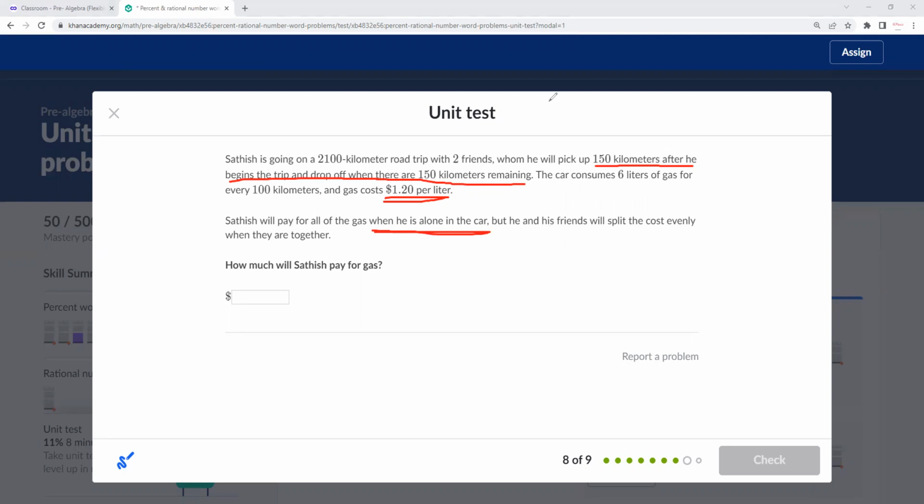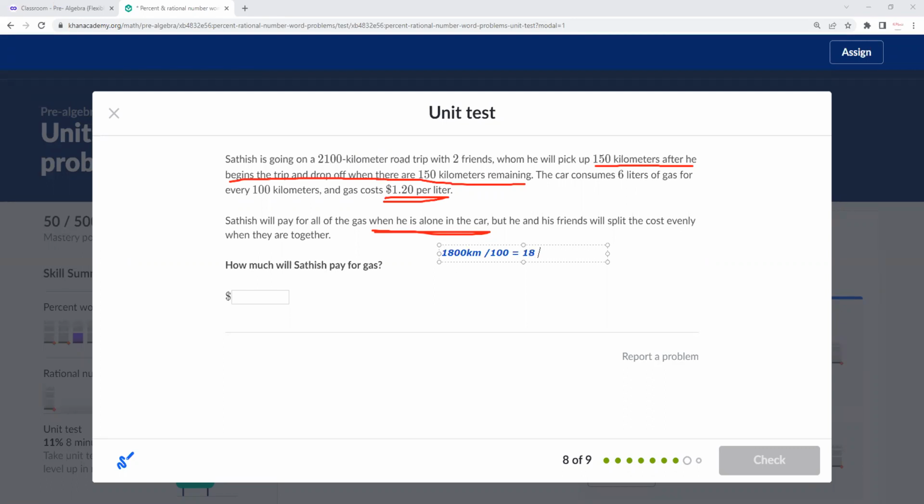Well, he's going to be in the car alone for 2,100 minus 150 minus 150, which is 1,800 kilometers. So 1,800 kilometers, he's going to be alone. It says that the car consumes 6 liters of gas for every 100 kilometers. So let's divide that by 100, and that gets me 18.